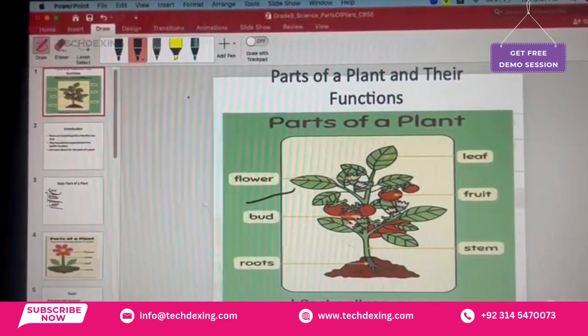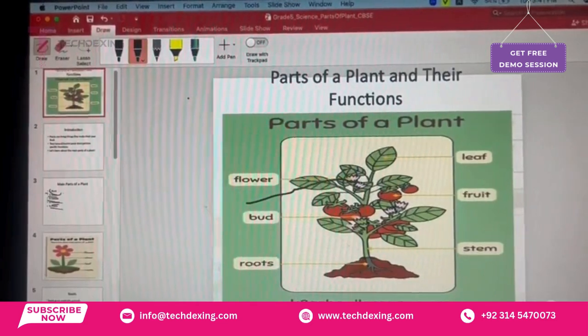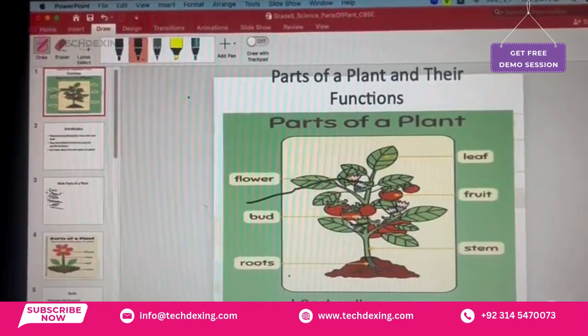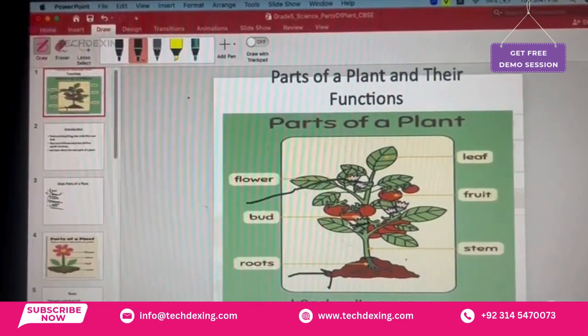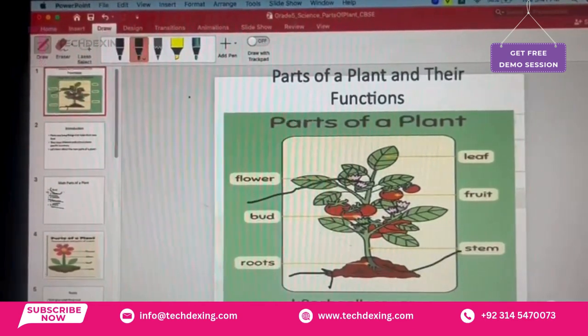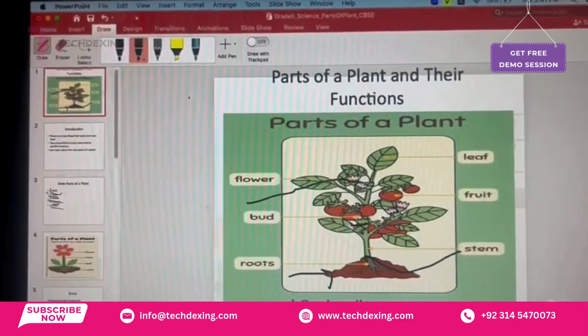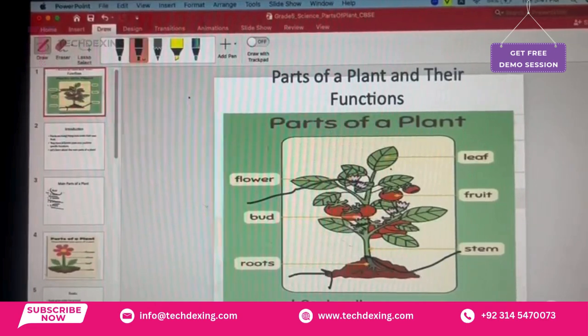See the flower here. This is the bud. These are the roots of the flower. This is the stem. This is the fruit, and this is the leaf.